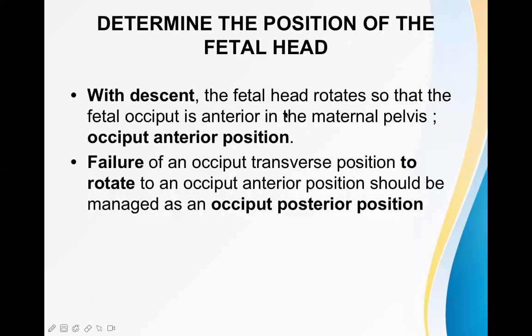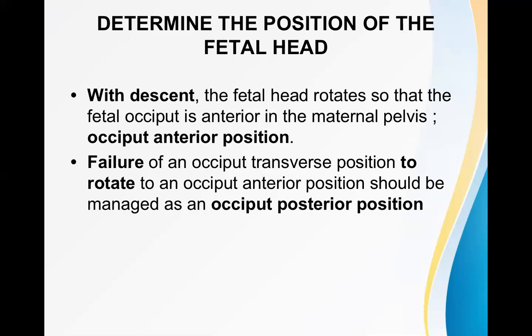With descent, the fetal head rotates so that the fetal occiput becomes anterior in the maternal pelvis, and we call it occiput anterior position. Now see that with descent, the fetal head starts to rotate. Okay, so the occiput will come into the anterior position of the maternal pelvic cavity.